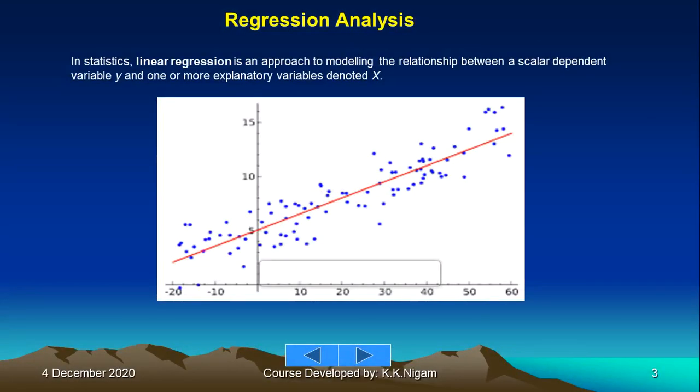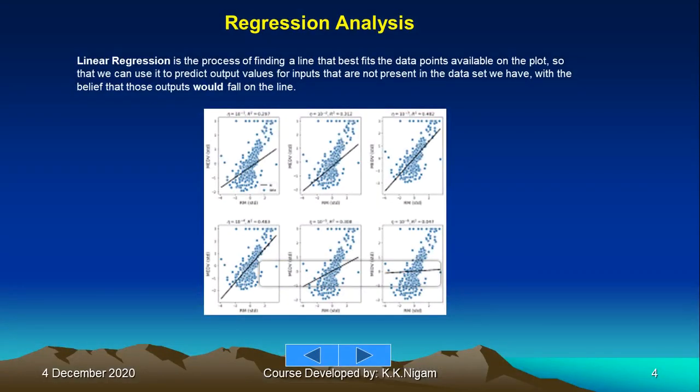In statistics, linear regression is an approach to modeling the relationship between a scalar dependent variable y and one or more explanatory variables denoted by x. Linear regression is the process of finding a line that best fits the data points available on the plot, so that we can use it to predict output values for the inputs that are not present in the data set that we have, with the belief that those outputs would fall on the line.